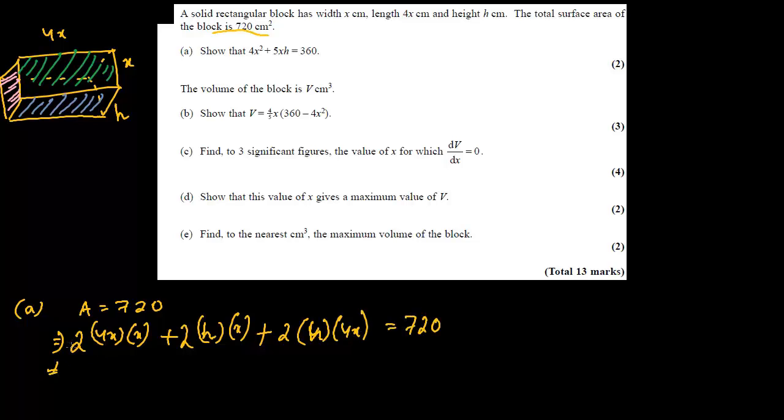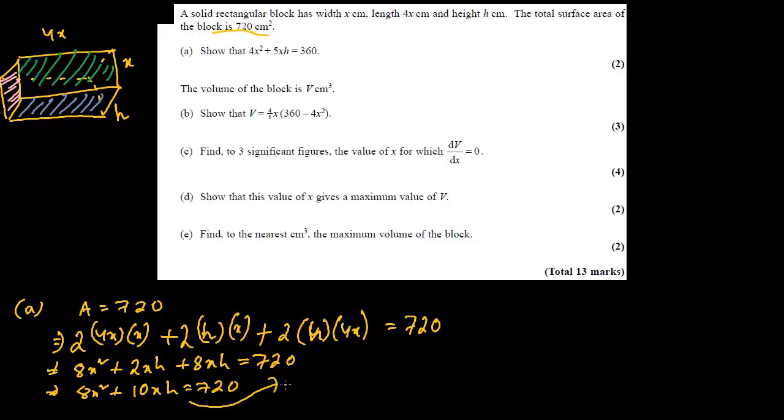So let's get going. So 2 4s are 8x squared plus 2xh plus 4 2s are 8xh. It's a good idea to write in alphabetical order, but since they wrote xh, I'm also writing xh equals to 720. So what we can do over here is 8x squared plus, we can add 8 plus 2, 10xh equals to 720, and we can divide by 2.